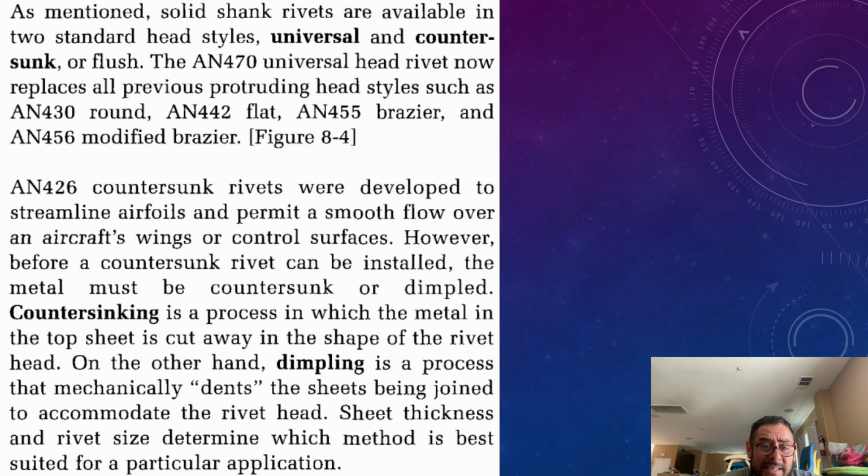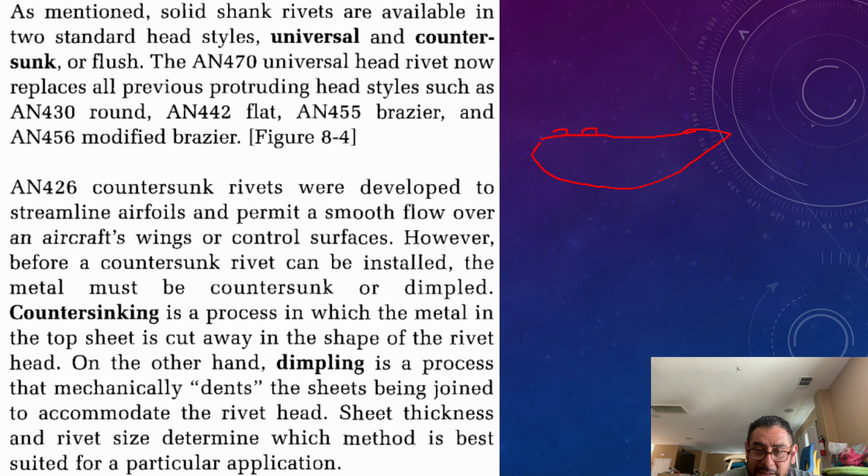AN 426 countersunk rivets were developed to streamline airfoils and permit a smooth flow over an aircraft's wing and control surfaces. There is something called parasitic drag. If you look at the drawing that I'm about to draw here, let's just say that this is your wing, and you have hardware sticking out.